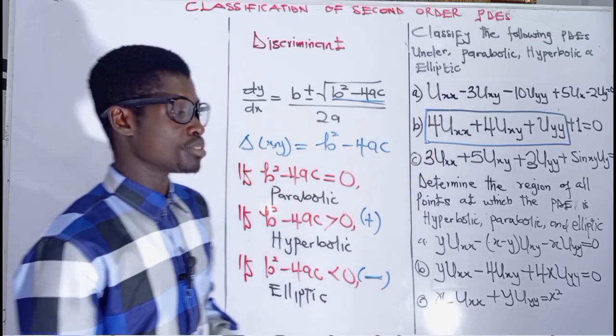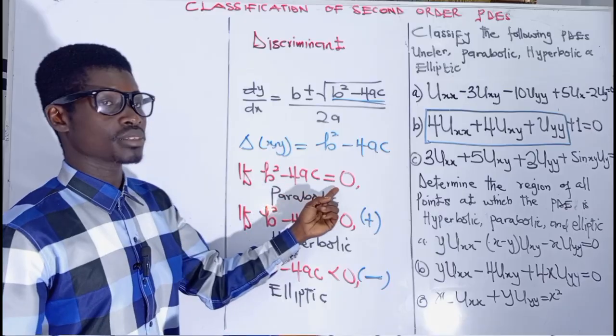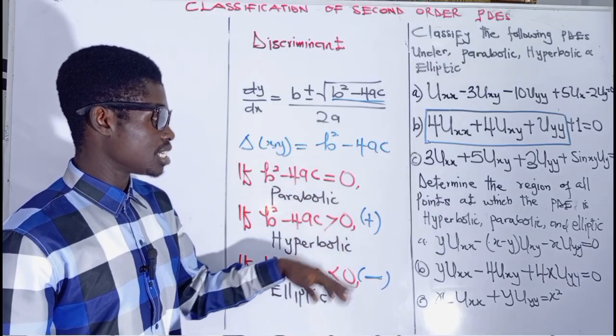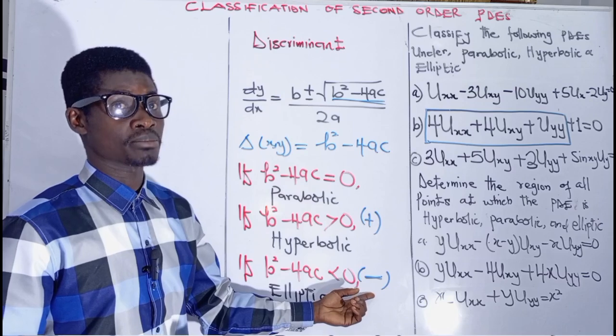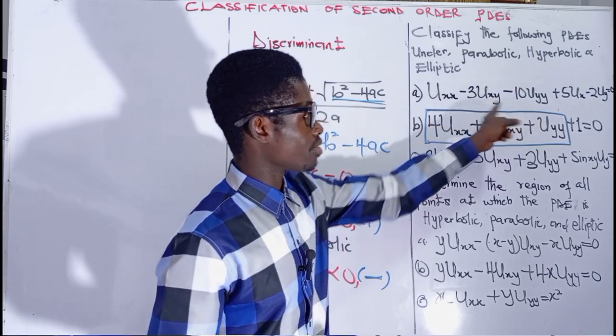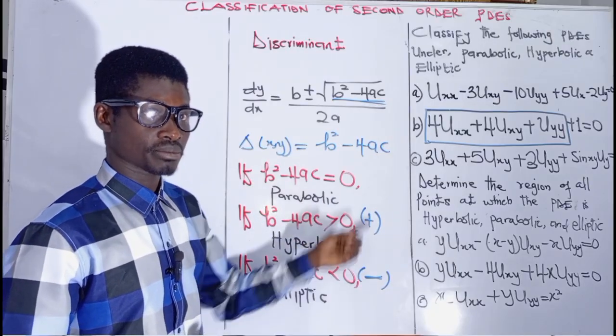In doing that, we are going to make use of the discriminant, which is this one, to determine if the value that we are going to get is going to be 0, a positive number, or a negative number. Since we have constant coefficients of the principal part, definitely we are going to have one of these.